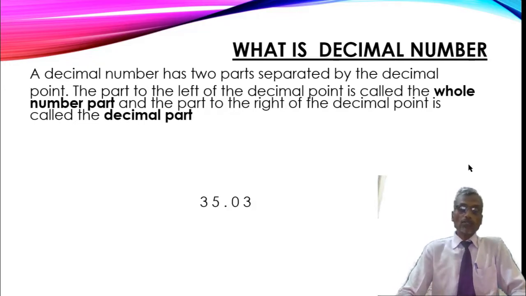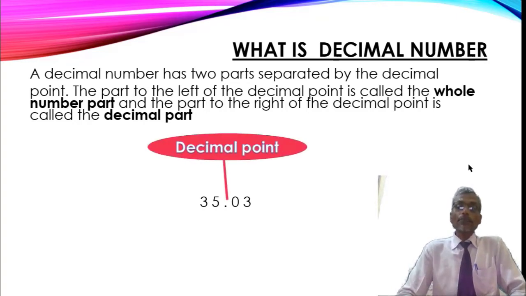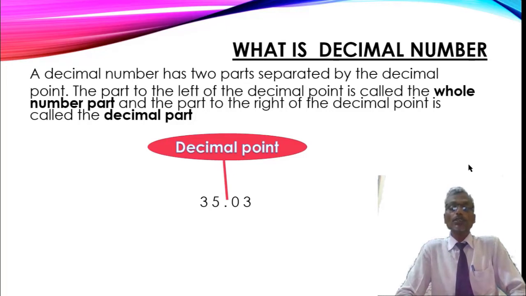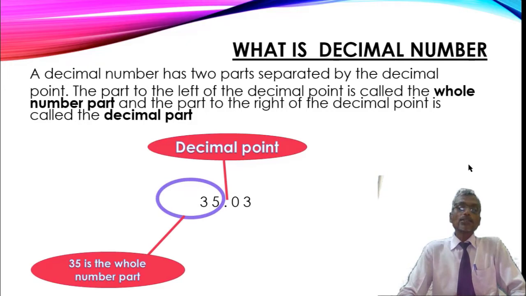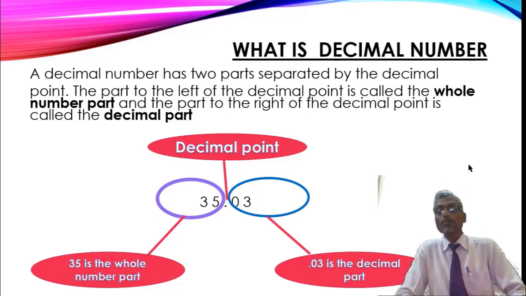Now, example. In 35.03, with the decimal point, 35 is the whole number part and 03 is the decimal part.